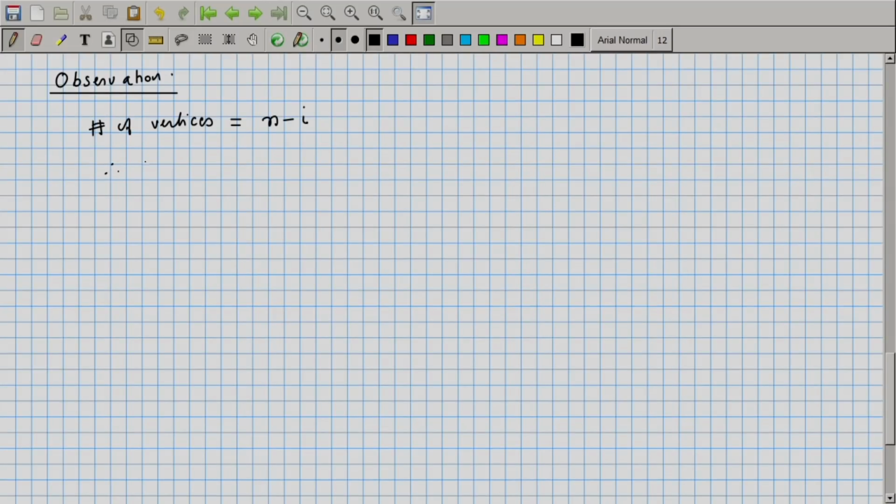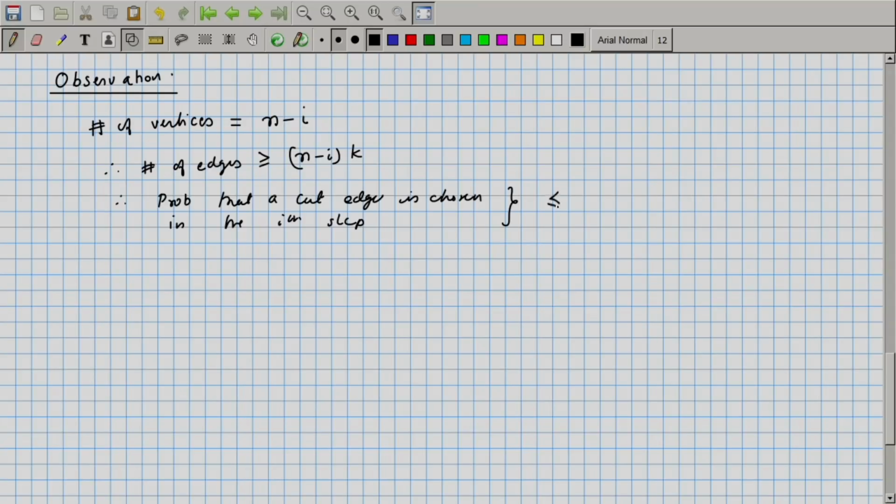Therefore, the number of edges in the remaining graph is going to be greater than n minus i times k by 2. Therefore, if you sample uniformly from all the edges, the probability that a cut edge is chosen in the ith step is going to be less than k divided by the total number of edges, which we know is at least n minus i into k by 2. So, this is equal to 2 by n minus i.